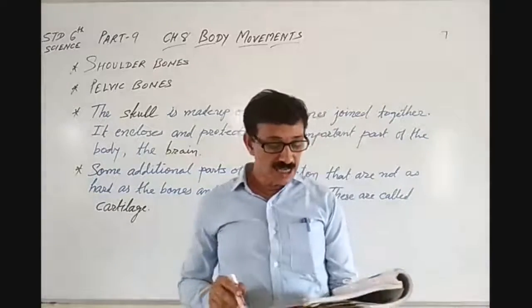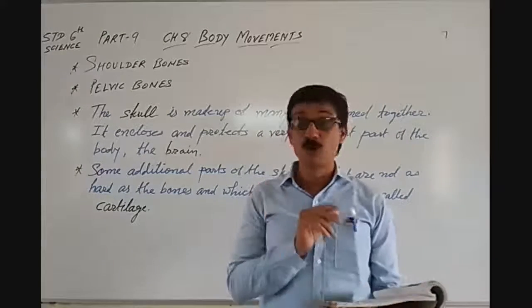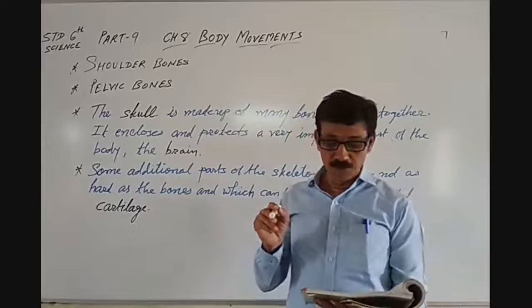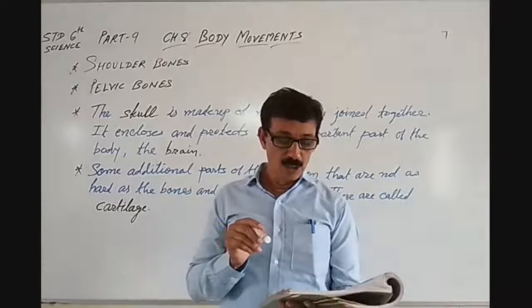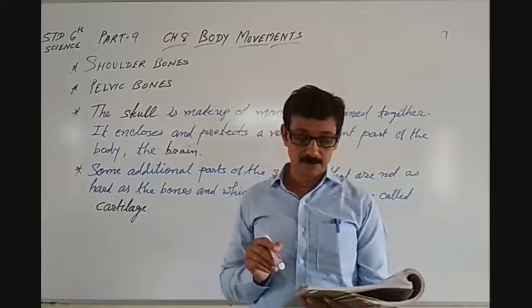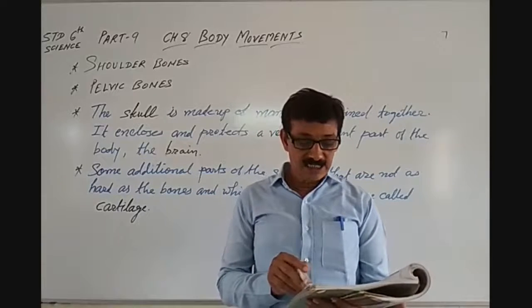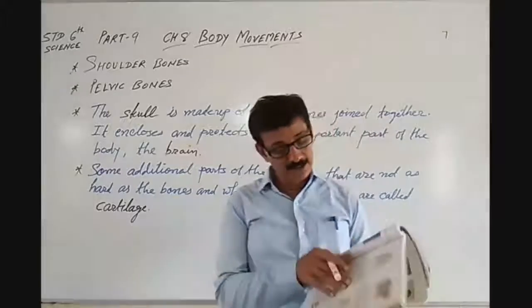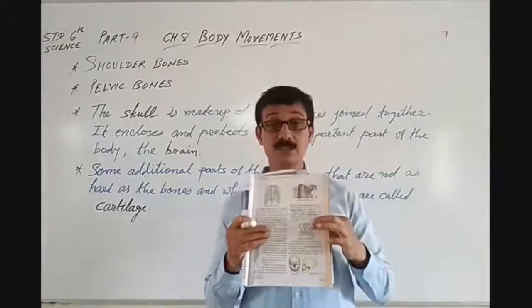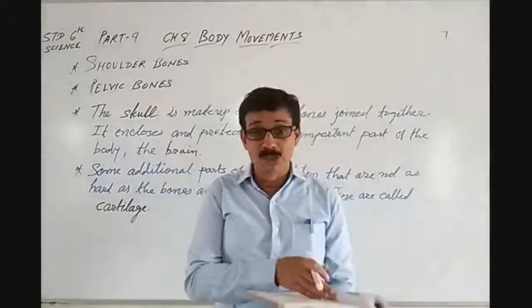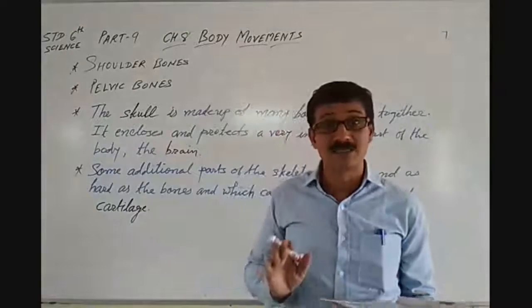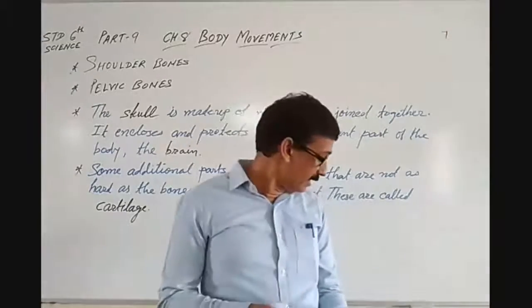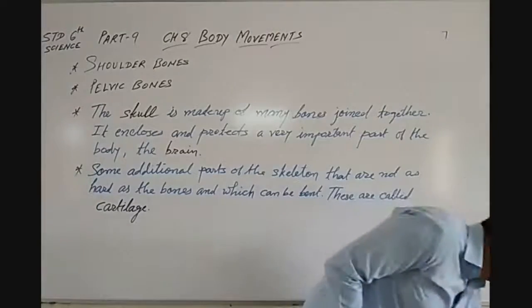This structure is made of pelvic bones. They enclose the lower portion of your body, the stomach. This is the part you sit on. Now you can see these are pelvic bones, and these are the parts on which you sit. Let me show you that.